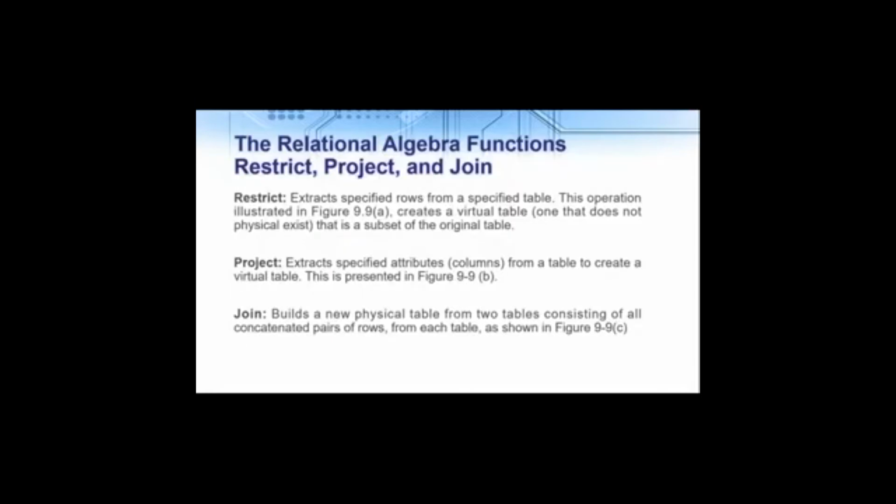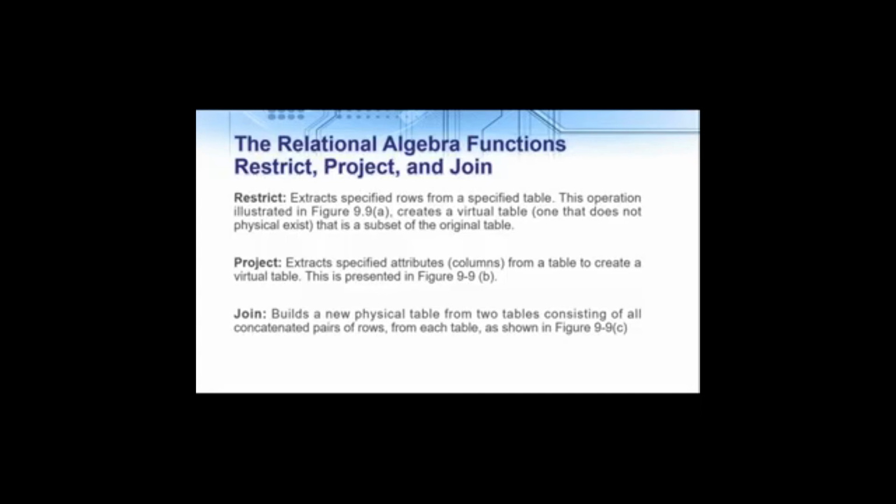So this figure 9-8 represents a relational table called customer. The relational algebra functions are restrict, project, and join. Restrict extracts specified rows from a specified table. This operation is illustrated in figure 9-9a.